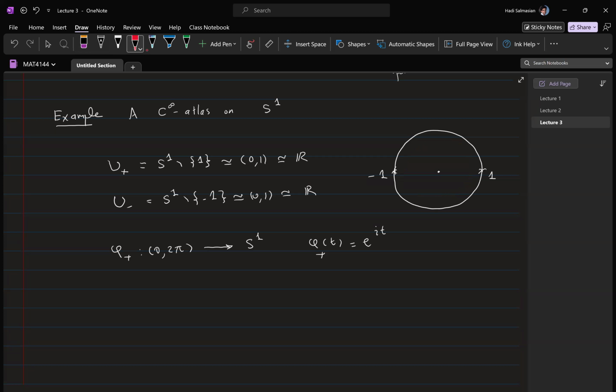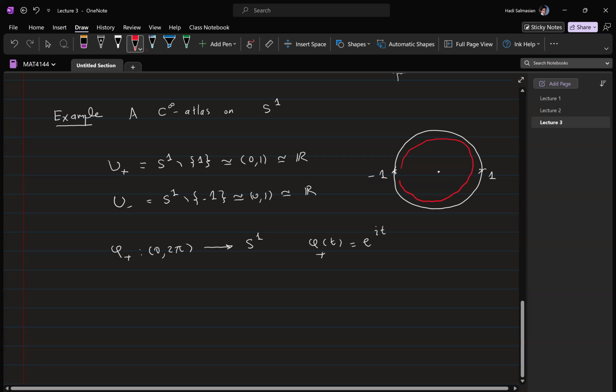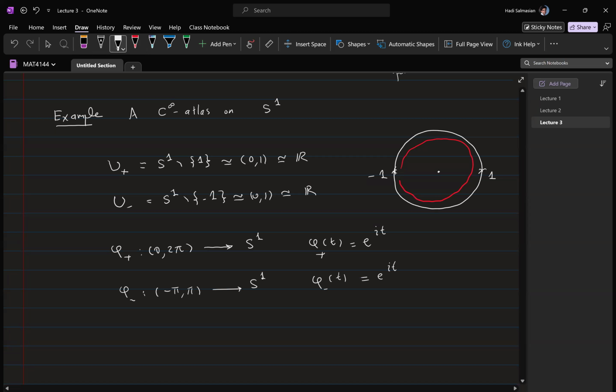And now what about the other one, this open set? I can choose a slightly different interval, but the same kind of map. So phi_minus goes from, and this time from minus pi to pi, into S^1. phi_minus(t) is e^{it}. Okay, so e^{i pi} or e^{-i pi} would have been -1, but that's not included.